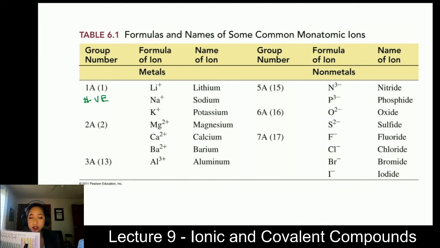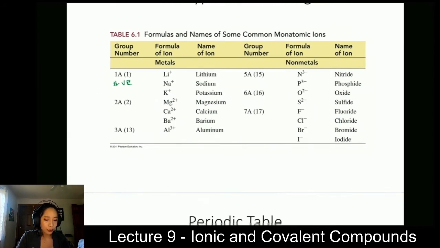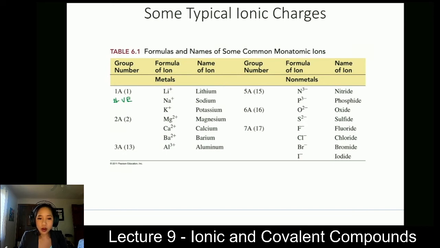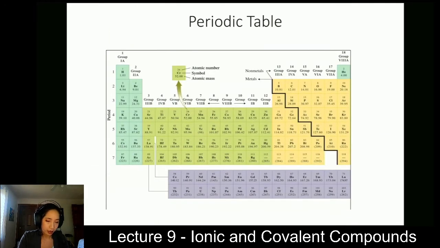So nitrogen will most likely gain 3 electrons to achieve that full octet, to have 8 valence electrons. And so that is how we predict the charges. I'll go through all the rules, but for the majority of elements, the periodic table is a wonderful resource for you to predict those charges.